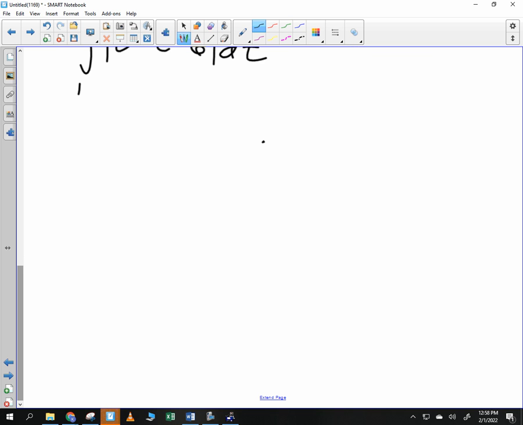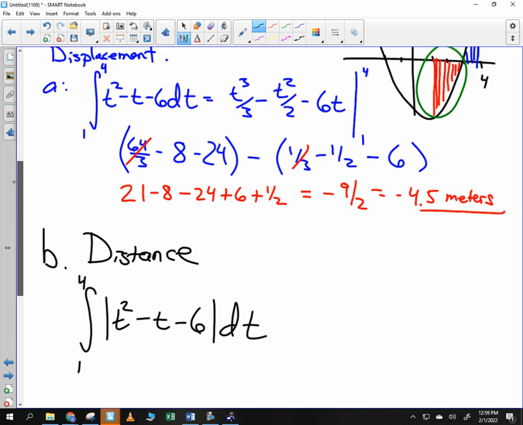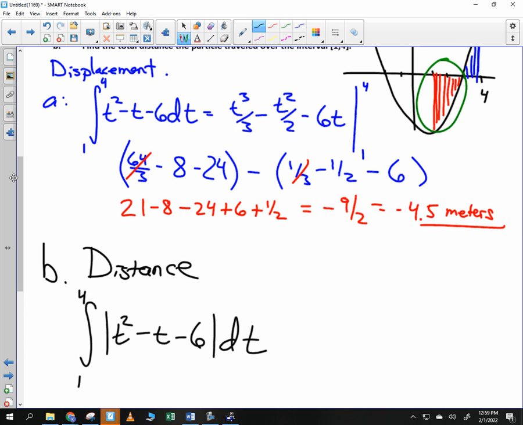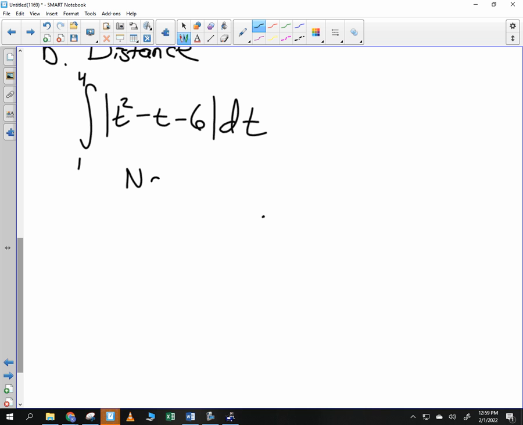So let's figure it out. If we want to do that absolute value, look at the red area. Where is the red area bounded, from what to what? Everybody see that 3 was an important spot to find, that's where I cross the x-axis? So I'm going to find the negative area, which is the integral from 1 to 3 of t squared minus t minus 6 dt.